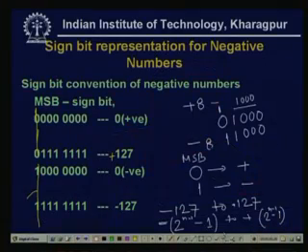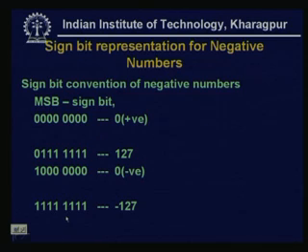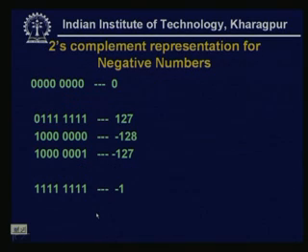Just now we have seen that this is a positive 0 and this is a negative 0, and this is a drawback of sign bit numbers. So for this we use the 2's complement representation, which overcomes this drawback.